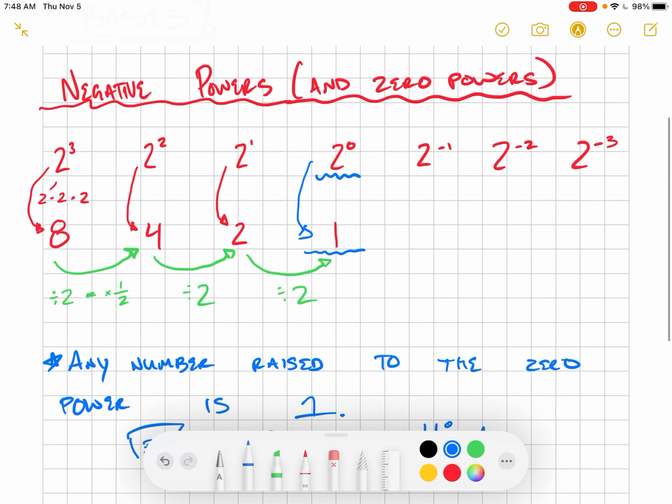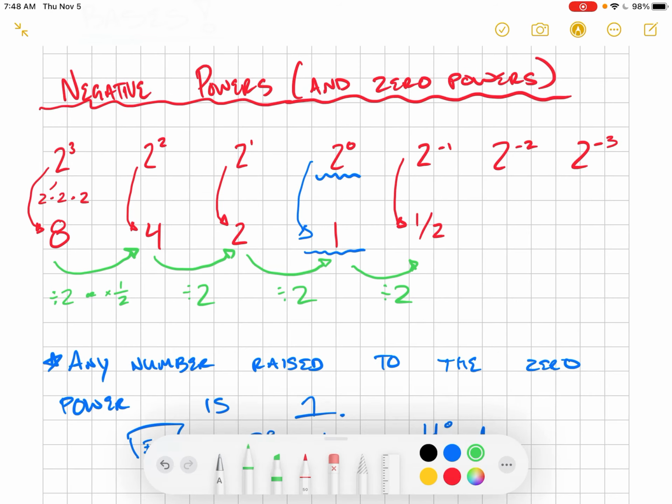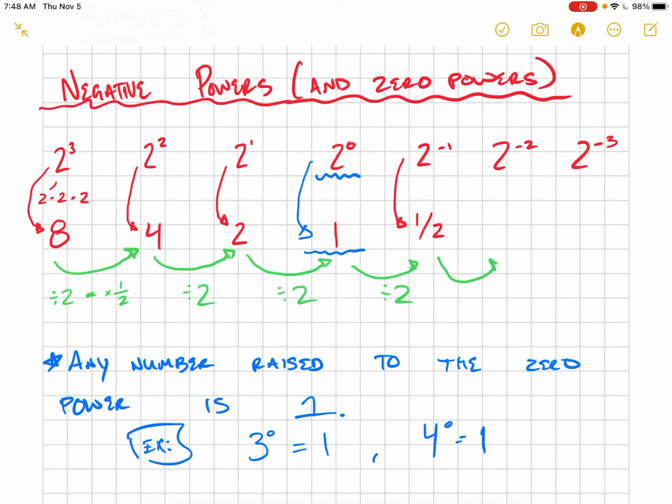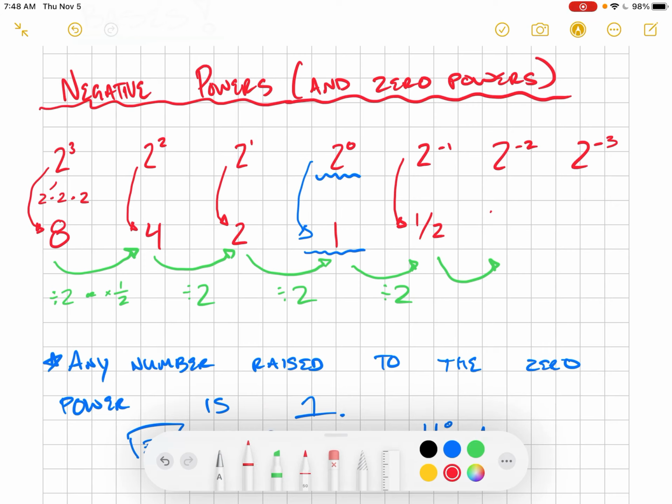Okay, and now let's continue this pattern. Divided by 2. Right, this pattern continues. 2 to the negative first must then be 1/2. Okay, and this is true. It's 1 over 2. Okay, and then let's continue this pattern again. So 1/2 divided by 2 is then 1/4.